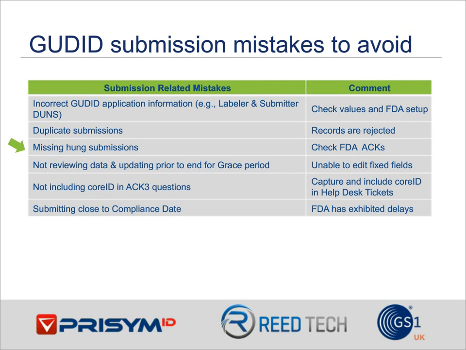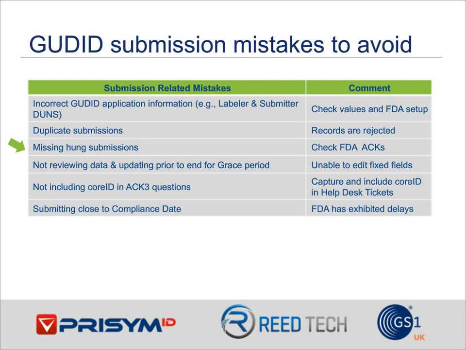We've seen a small percentage, roughly 3% of records submitted to the FDA, where for whatever reason there's a restart or a queue gets reset, or there's some kind of system glitch, who knows. In any case, not all 3 acknowledgments come back. In some cases you'd only get 2, and the third one might be missing.